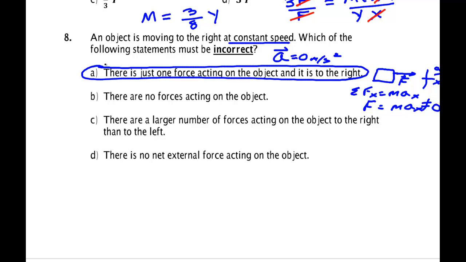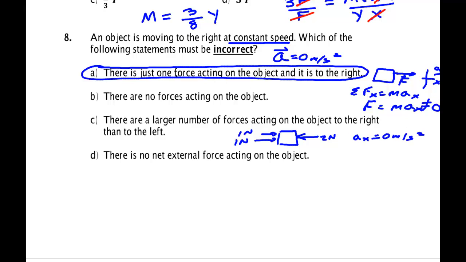Now there could be two forces and they could cancel, but if there's only one, that'd be wrong. There are no forces acting on the object. That would certainly mean there was no acceleration. There are a larger number of forces acting on the object to the right than left. I can still get no acceleration because I could have a 1 Newton force here, a 1 Newton force there, and a 2 Newton here, and ax would still equal 0.